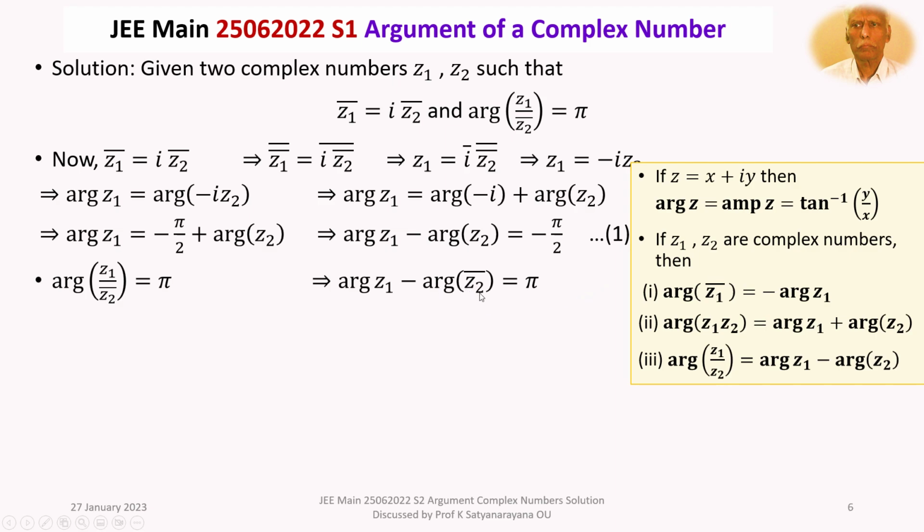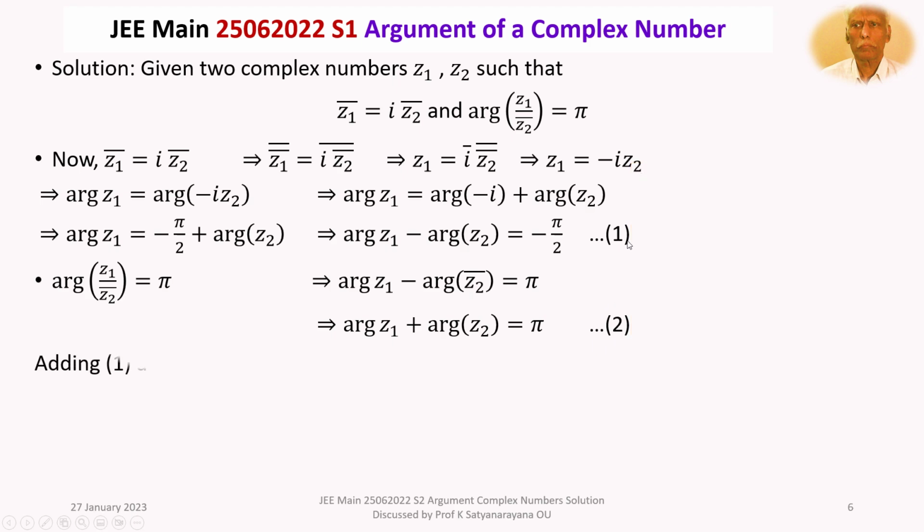But argument of Z2 bar is minus argument of Z2. So when it is a bar, the argument will be minus. So this implies argument of Z1 plus argument of Z2 is equal to pi. That is your second equation.